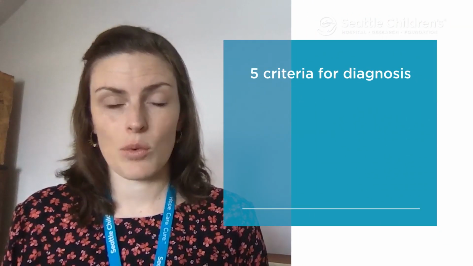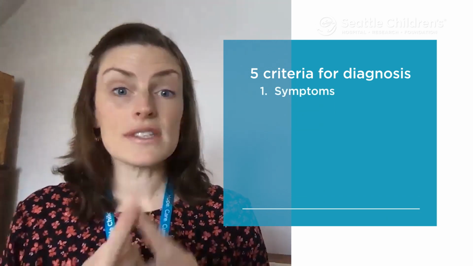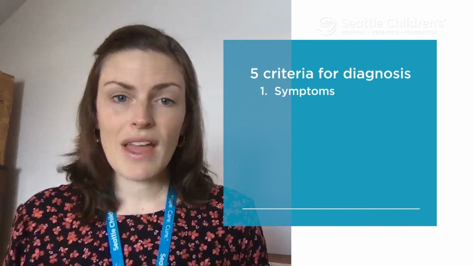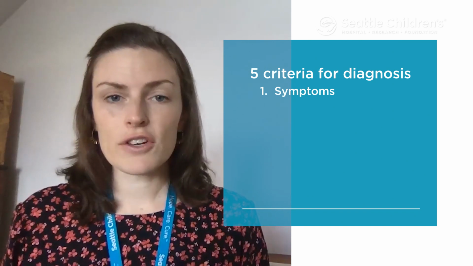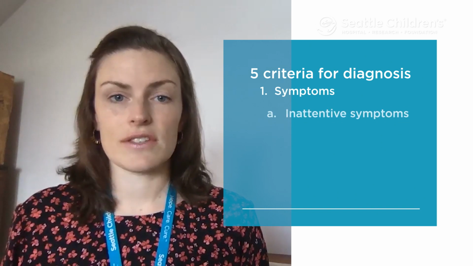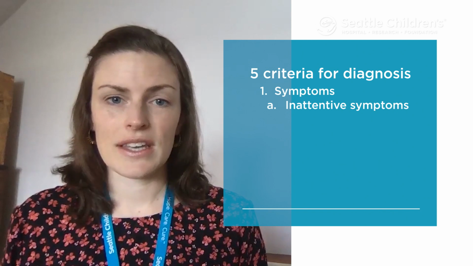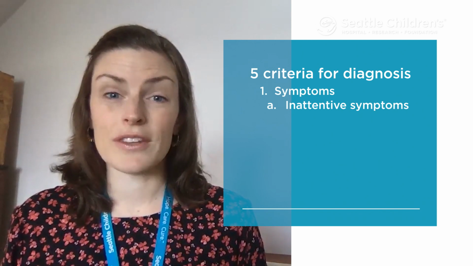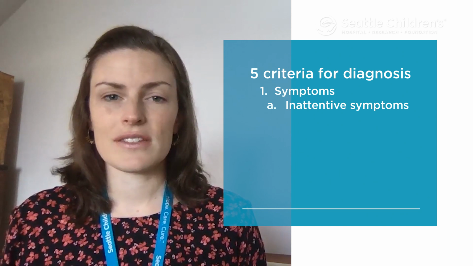So if you bring your child for an evaluation for ADHD, there are 5 things that we're going to be looking for. The first thing that we're going to be looking for are the symptoms of ADHD. And there are 2 different clusters of symptoms for ADHD. The first cluster are the inattentive symptoms. So these are things like getting distracted easily, having trouble following through on instructions, or being disorganized and losing track of things.